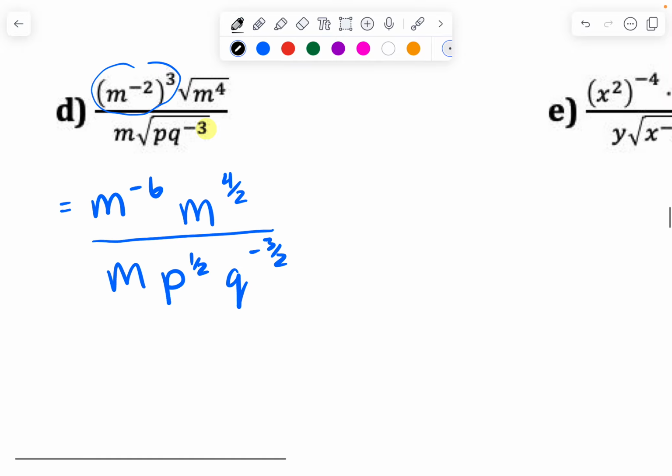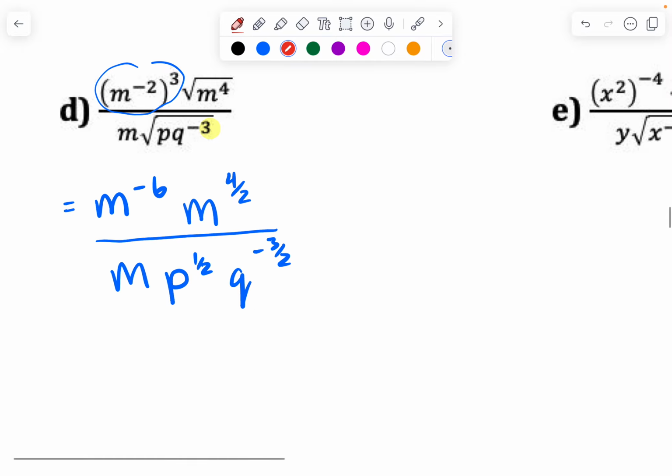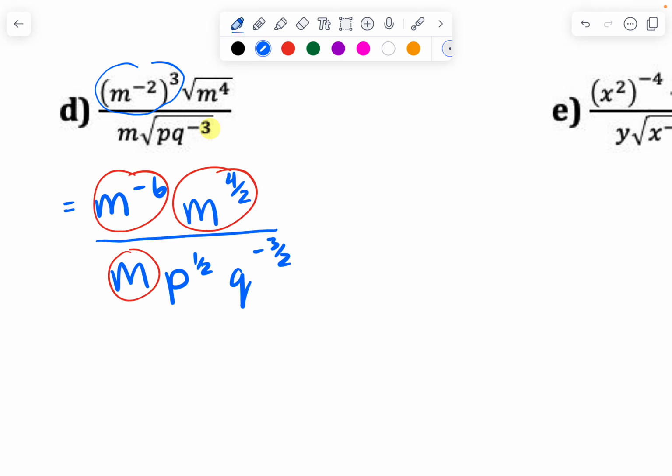Okay? So now let's put all the m's together. So this is m to the negative 6 plus 4 over 2, which is 2, take away 1, because that's in the denominator.